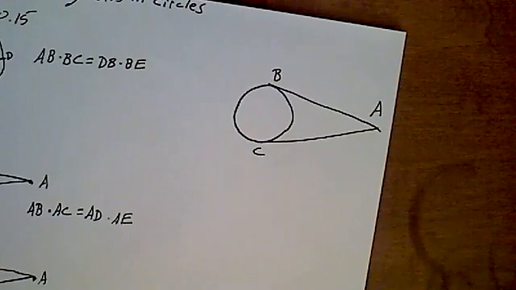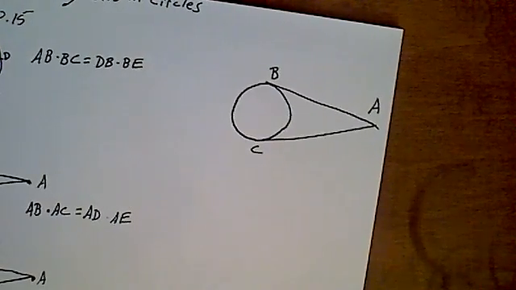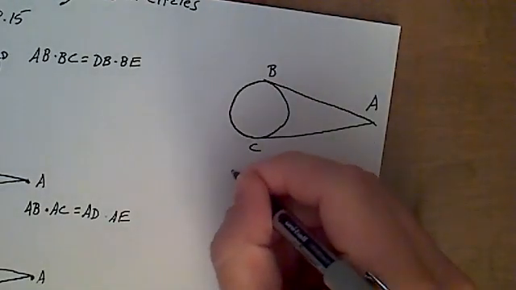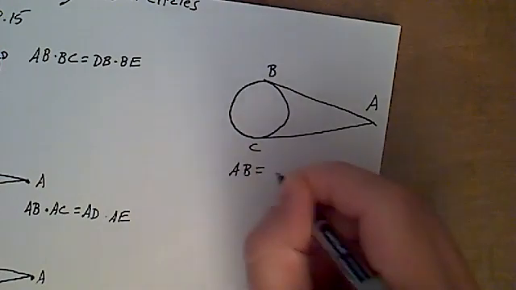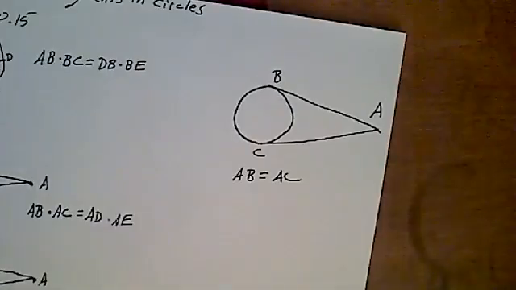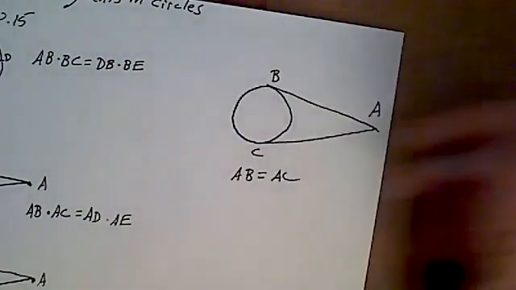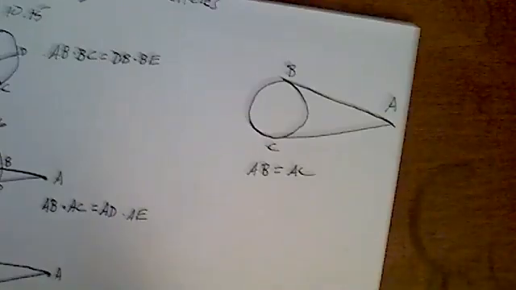What would need to be true about them? Hopefully you remember back, what's true about them is that AB is equal to AC. AB and AC must be congruent.